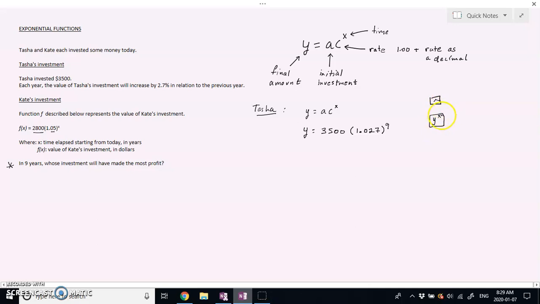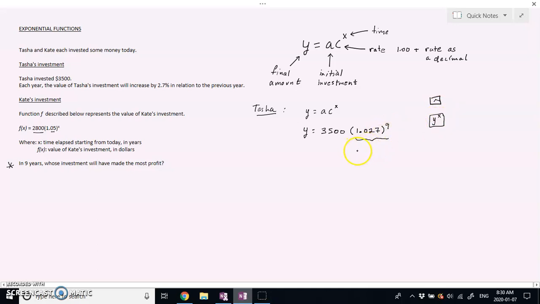I want you to search for that button right now, and that's the one that we're going to use first. So when you do exponentials on your calculator, you need to do the actual exponential portion first. So I'm going to plug it in, 1.027, hit the hat button, or the y to the x button, whichever, to the power of 9.